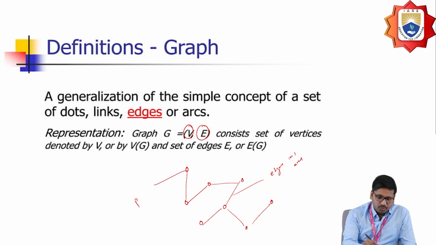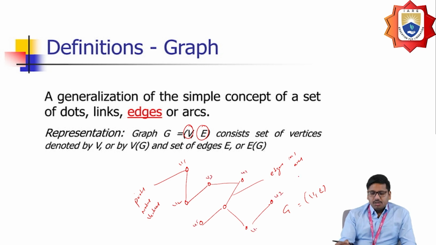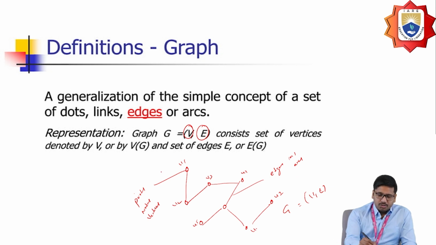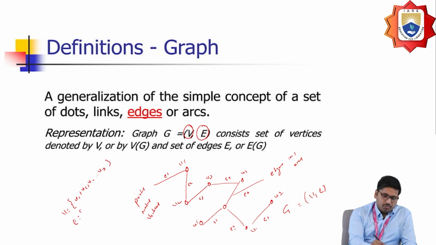So the graph is a collection of a vertex set and an edge set. In this one, these are the edges E1, E2, E3, E4, E5, E6, E7, E8, and the vertices may be V1, V2, and so on up to V7.